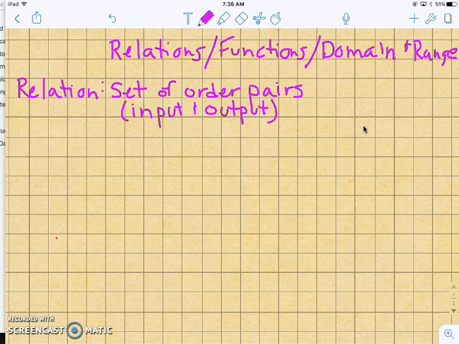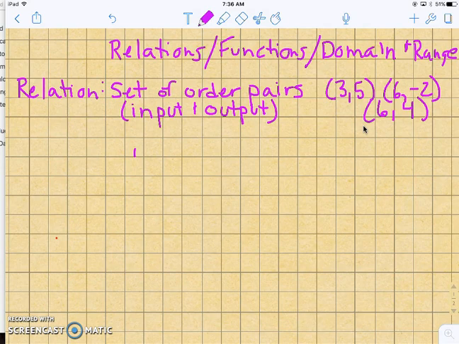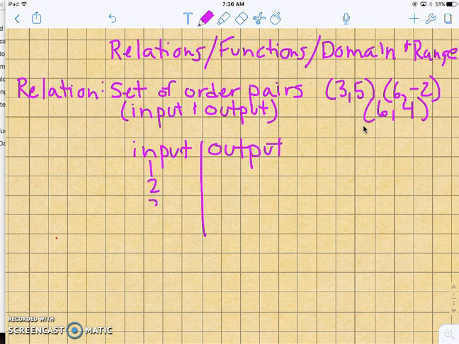So for example, we could have (3, 5), (6, -2), (6, 4). All that is an input and an output. You sometimes see these as input-output tables as well. Input, output. And you might have any values here. We might have 1, 2, and 3 as inputs, and 5, 6, and 7 as outputs. And each input is paired with an output.